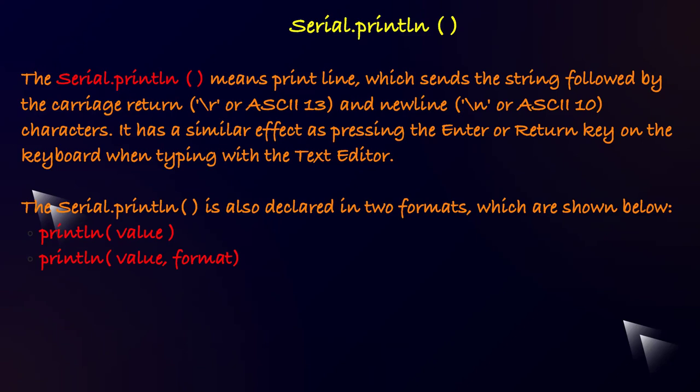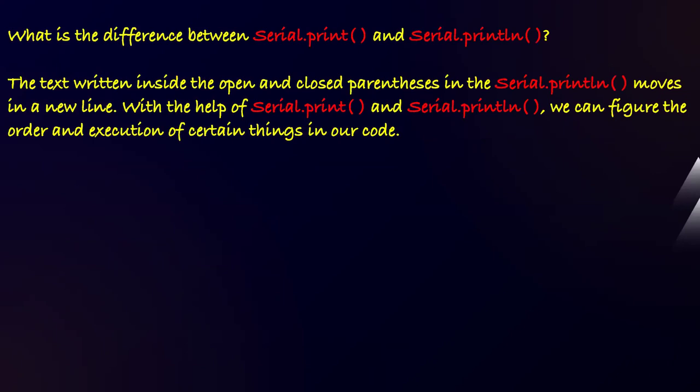Serial.println is also declared in two formats, which are shown below. That is number one, println(value), and number two, println(value, format). So these are the two formats, very similar to Serial.print. Now, as you might know, ln basically refers to line. It's a short form of line. That's what I was talking about. What is the difference between Serial.print and Serial.println? The text written inside the open and closed parentheses in Serial.println moves to a new line.